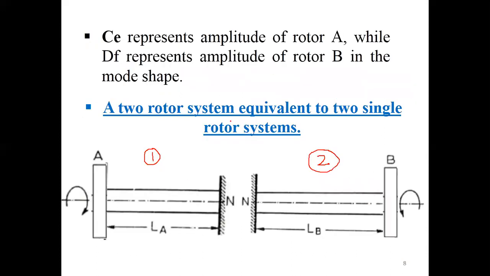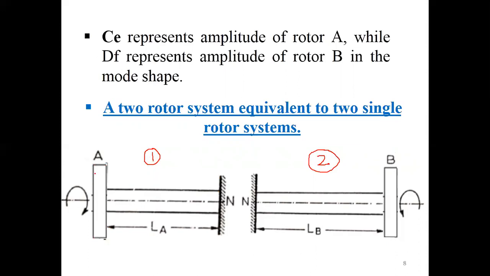So please look into these two diagrams. See the first single rotor system, diagram number 1. Here you can see that the node is considered as the fixed end because, as you know, the node experiences zero displacement. Zero displacement means it is equivalent to a fixed end. So the node is considered the fixed end, while at a distance of LA from the node, rotor A is mounted.